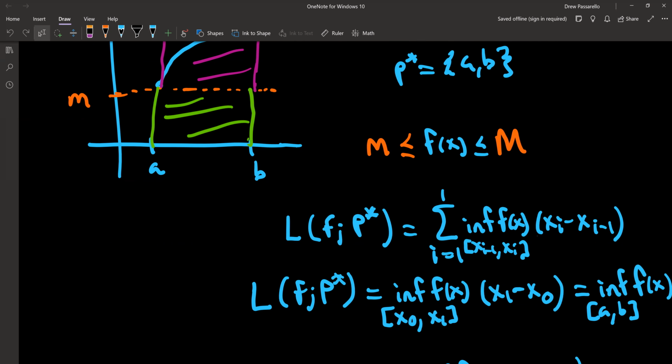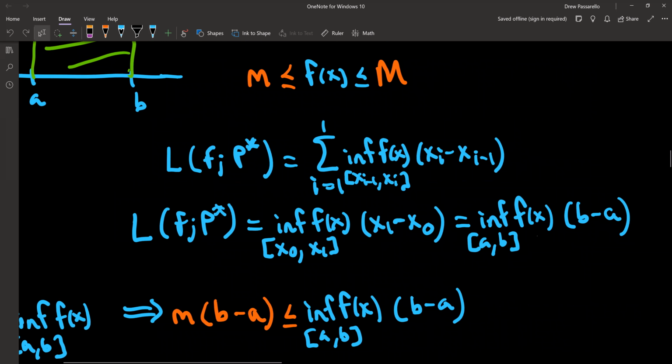But we only have one subinterval, it's [a, b]. So the lower sum with this 2-point partition is equal to the infimum of the function on [x naught, x1], where x naught is a and x1 is b.